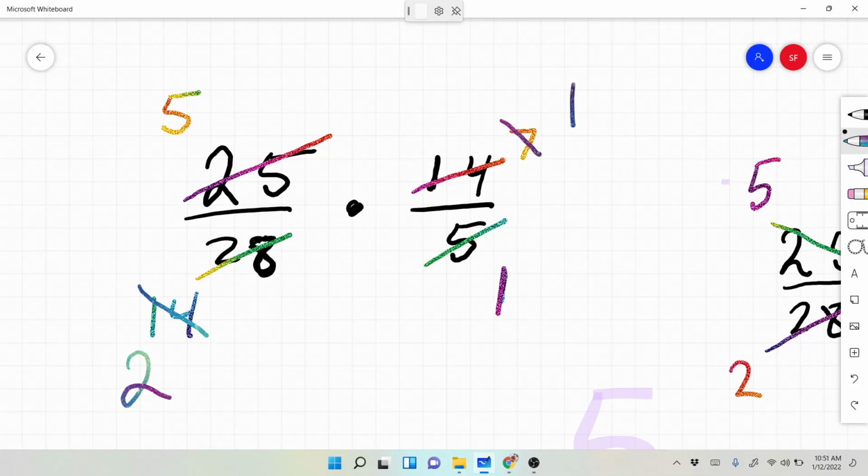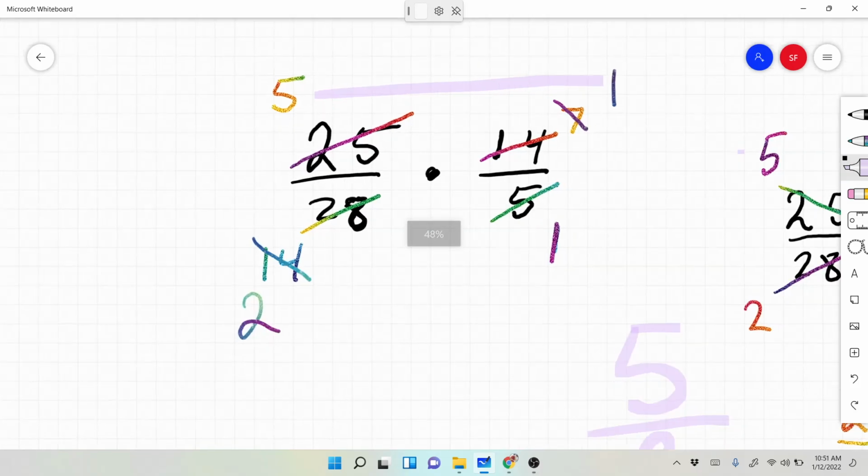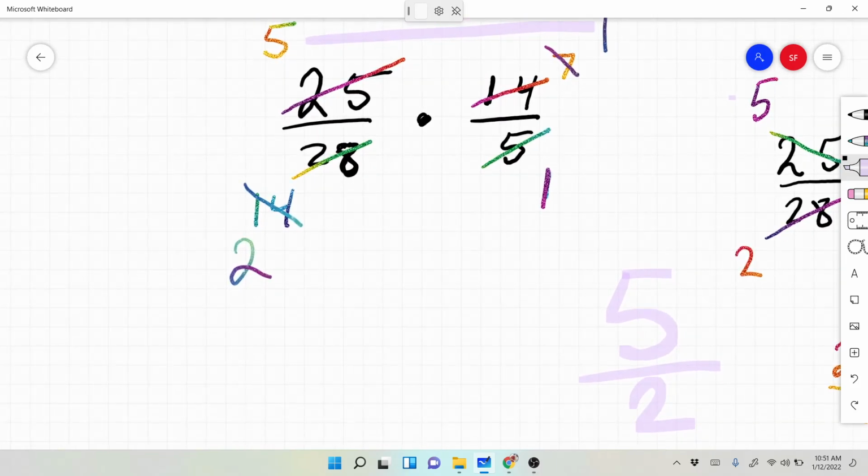Because everything up there is a prime number. Nothing divides into anything else. So now that we've reduced as far as we can go, now you multiply straight across. So 5 times 1, which gives us 5. And then 2 times 1, which gives us 2. Right? No, it's 5 halves. Not 52.